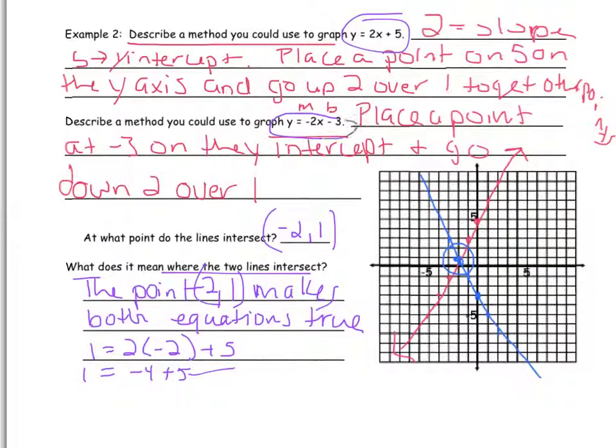Then the second one, plug 1 in for y: 1 = -2 times -2 minus 3. I said plus 3, it was supposed to be minus 3. -2 times -2 is 4, minus 3 is a positive 1. So that checks out. So I know that this point (-2, 1) is a solution to the system because it makes both equations true.